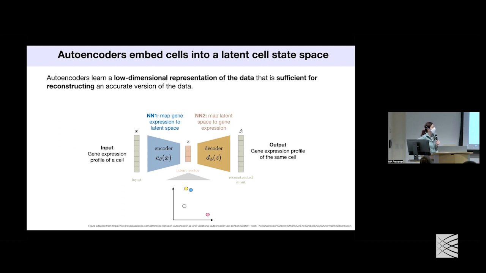I can imagine there are a few reasons, and maybe other people can chime in. One would be what we do with PCA: you would do a little bit of denoising by going into this latent space.